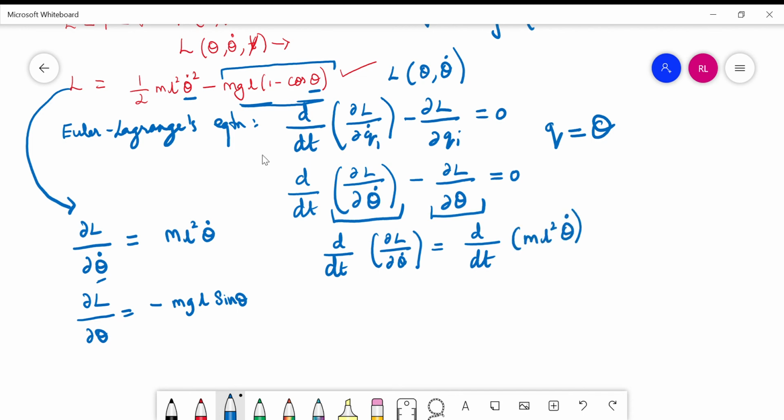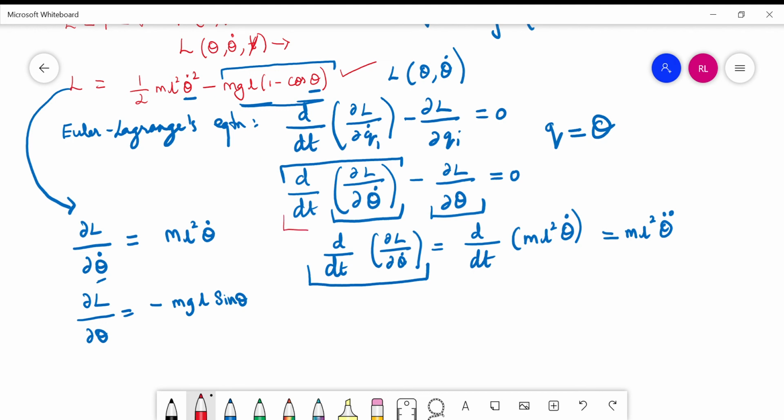Here m and l are constants, because m is the mass of the given ball and l is the length of the pendulum, and theta is the generalized coordinate. So we will be writing this as ml² θ̈. This is the first part, and the second part, we know, is minus mgl sin theta.